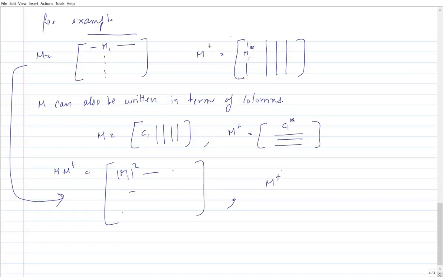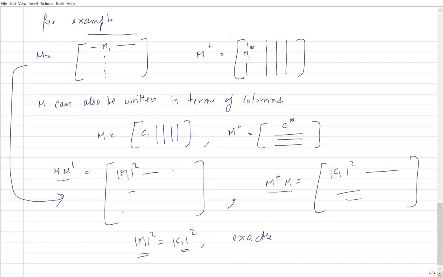Also, M dagger M becomes similarly C1 squared, the column, plus other terms. And when M dagger M is equal to M M dagger, that means that R1 squared is equal to C1 squared, which is exactly what we said earlier. The length of the first row is equal to the length of the first column.